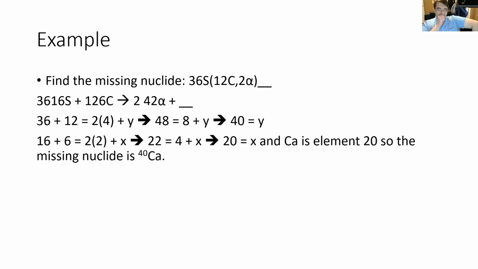So if you end up setting that up, 36 plus 12 is the total baryon number on the left. On the right, you've got 2 alpha particles, so that's 2 times 4. You do the arithmetic, and you find the total baryon number of what's in the blank will be 40. On the bottom row, sulfur is 16, carbon is 6, so you have a total of 22 on the left.